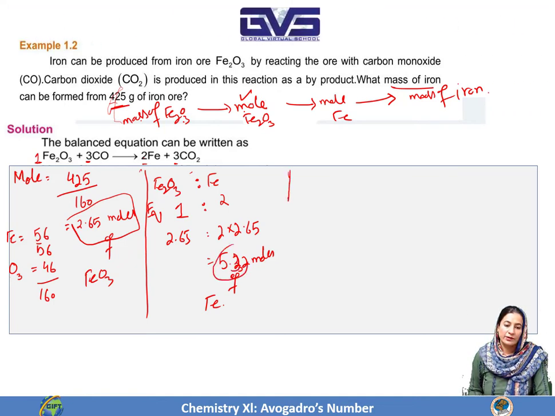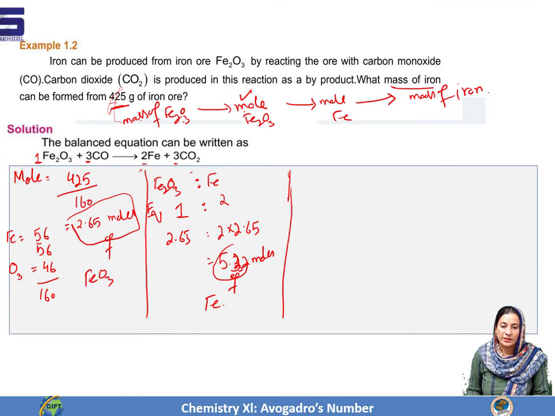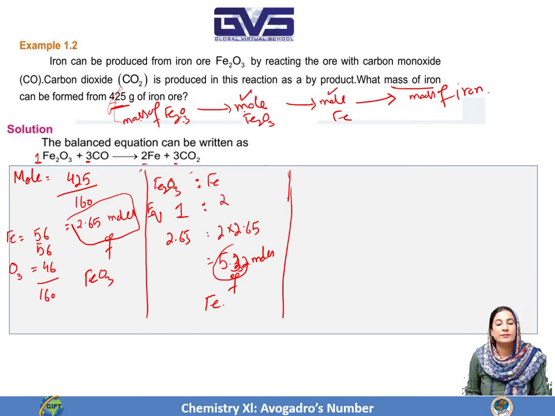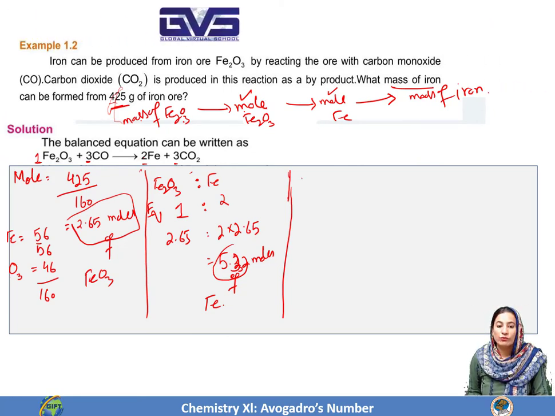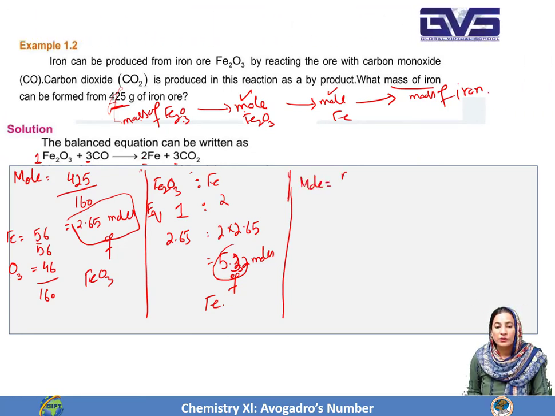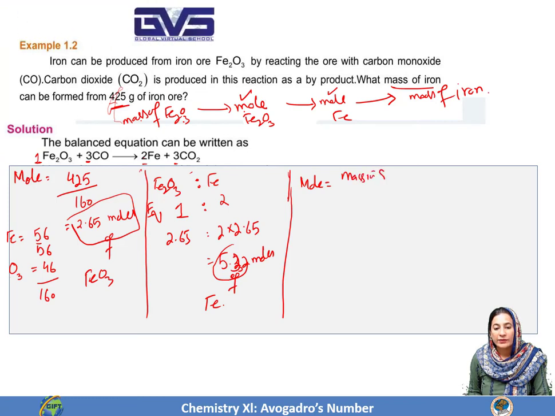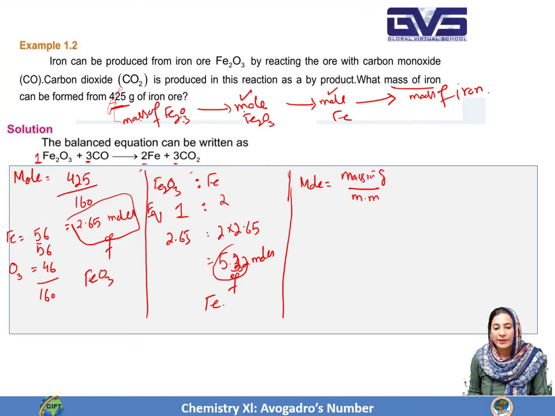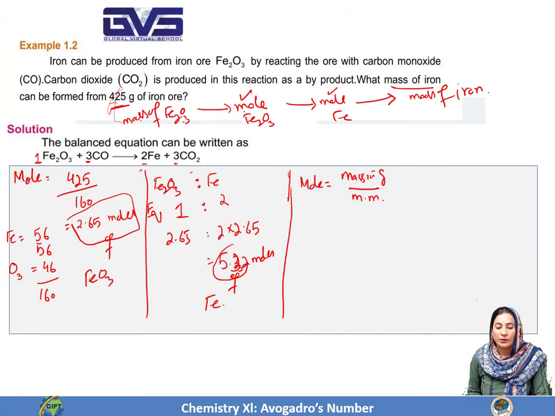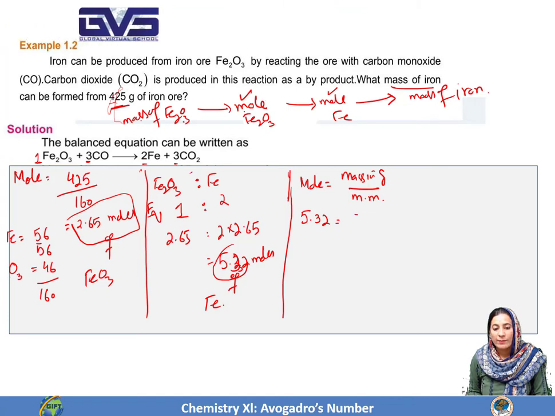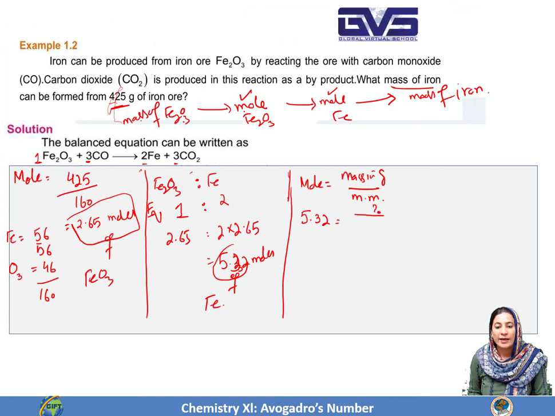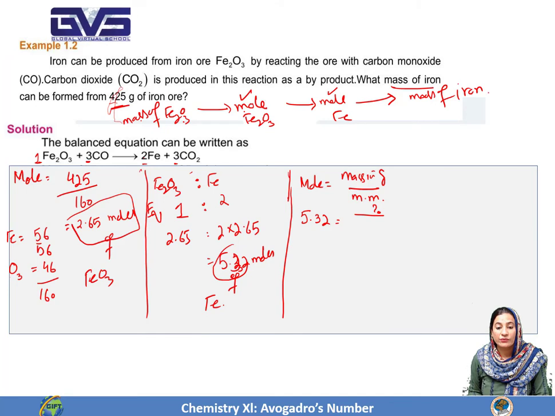So we have cleared this moles of iron, and now convert this mole back into mass. That is very simple. Mole into its molar mass. So you know the formula is mole equals mass in gram divided by molar mass. In case of iron, you know iron moles are 5.32. Mass in gram you have to calculate, and mass of iron is 56.